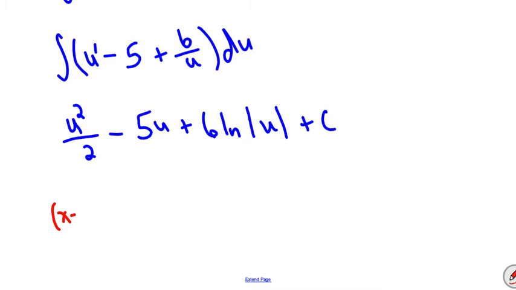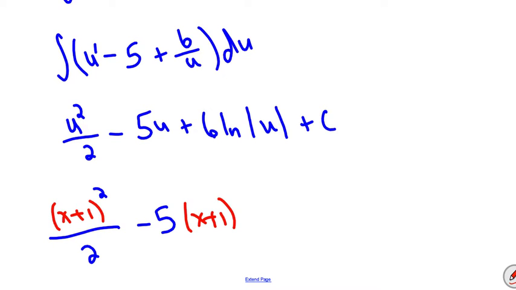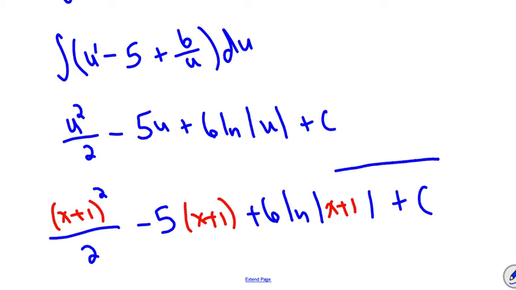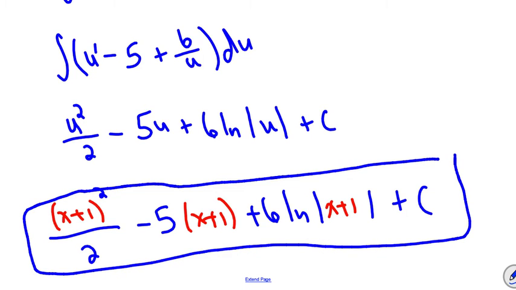So I have x plus 1 squared over 2 minus 5 times u, which is x plus 1, plus 6 ln absolute value of x plus 1, and we still need the absolute values there because x could be a negative number, so we need to make sure we leave them there, plus c. All right, so that is your final answer there for number 15, okay?